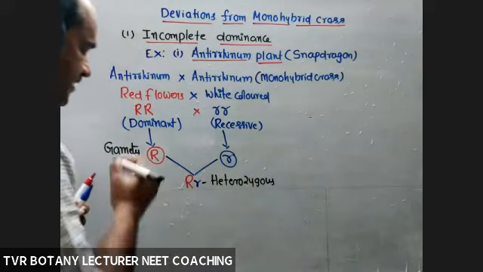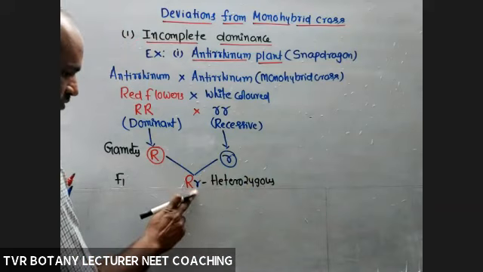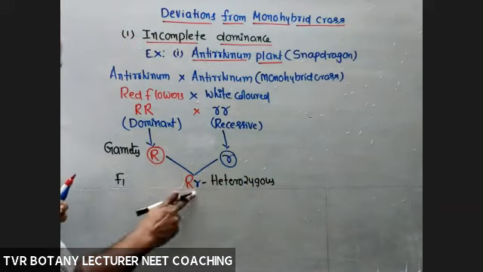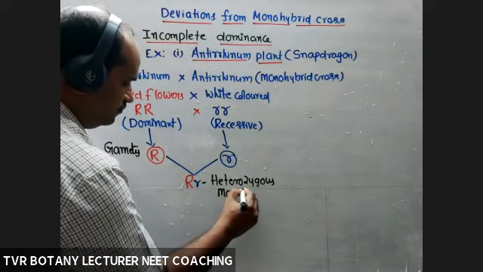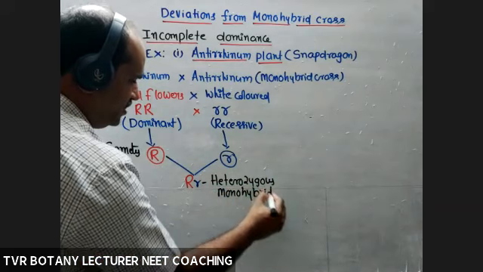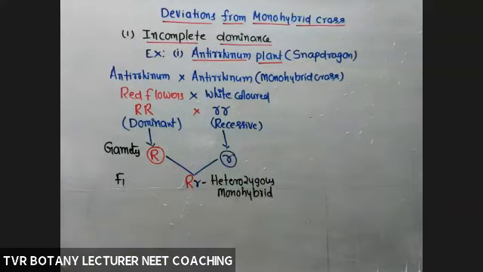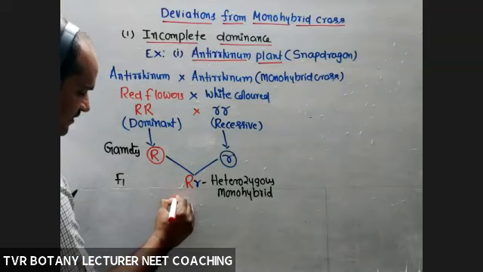But what is the difference? Heterozygous. And what about the flower color? It is monohybrid. Monohybrid means one gene with contrasting alleles, heterozygous in condition. And what about the flowers here? Pink flowers.